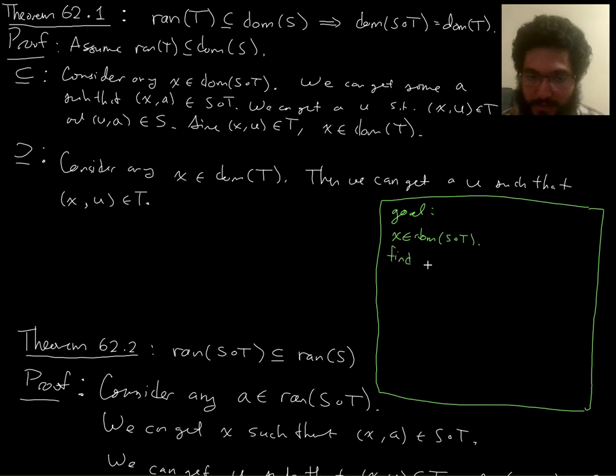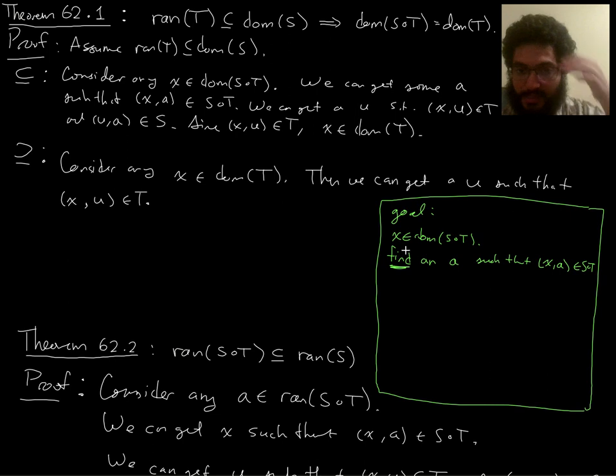We're trying to find, find is the key verb there, an a such that the pair x comma a is in S composed with T, right? That's how you show something is in the domain of something. Just find a possible second position in a pair which is an element of the thing whose domain you're interested in. So that's our goal.